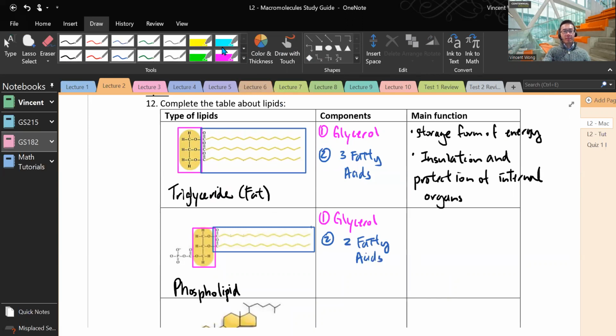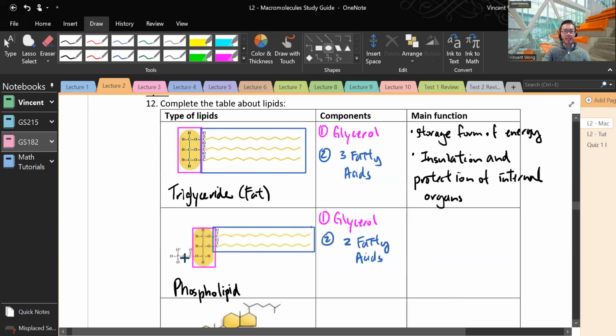And in addition, for phospholipid, as the name implies, we are going to have this extra phosphate group here. So the main function of phospholipid is that they are a major component of cell membrane.